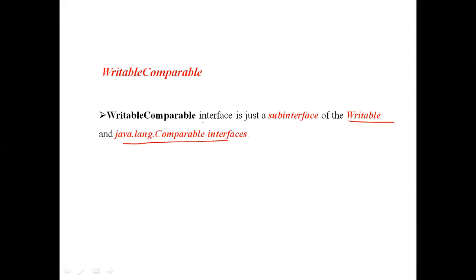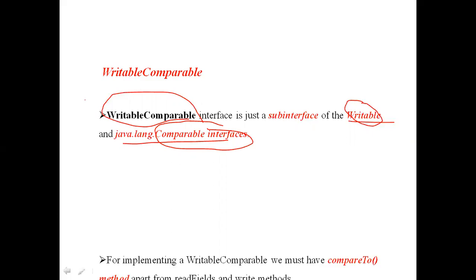This writable comparable is derived from two interfaces: one is Hadoop's writable interface and the other is Java's comparable interface. It gets the properties of both, giving us the writable comparable interface.